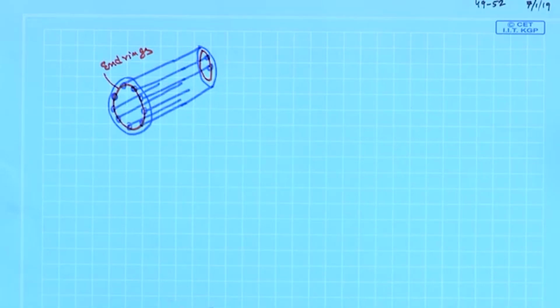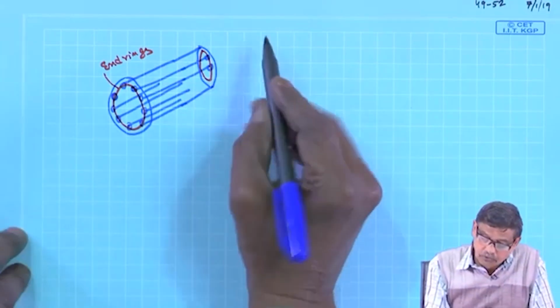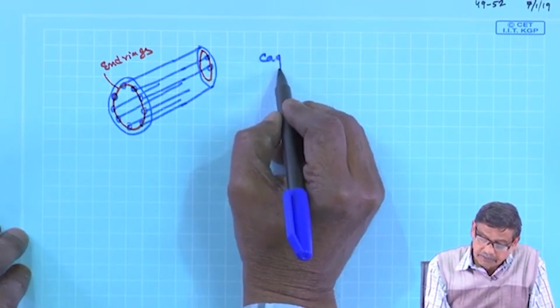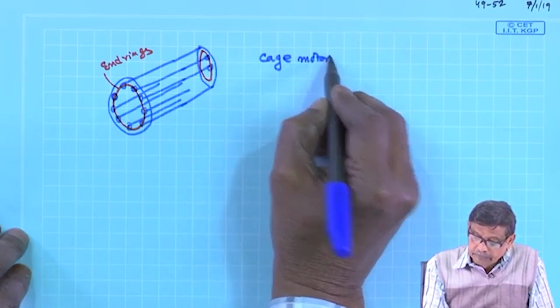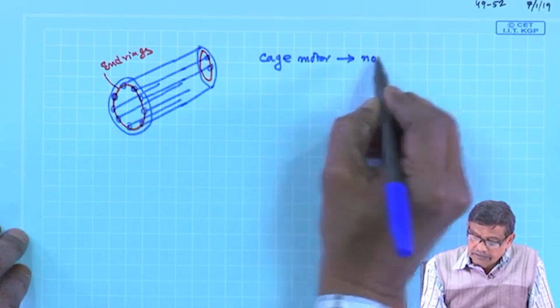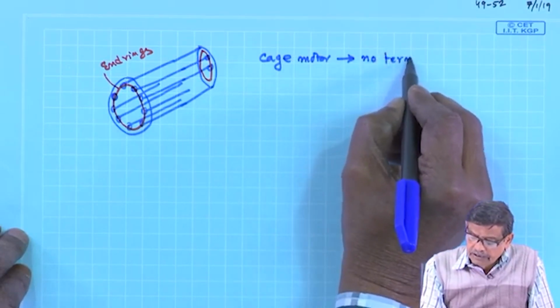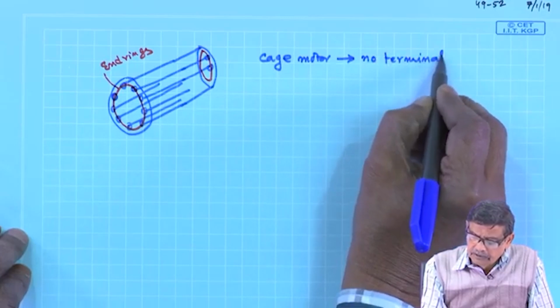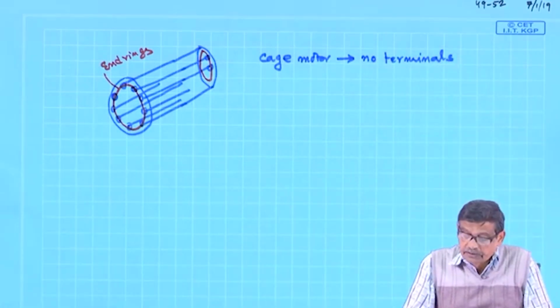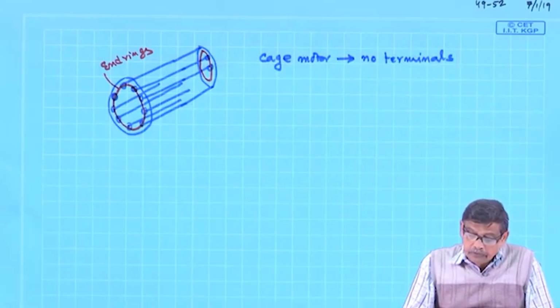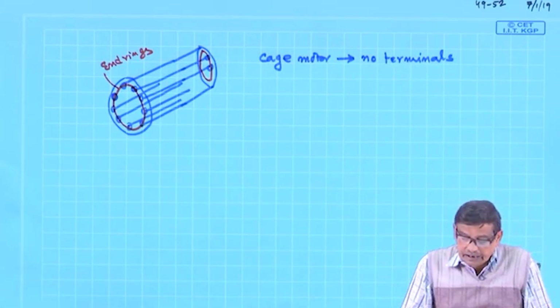Therefore, in the cage type induction motor, no rotor terminals are available. Cage motors have no rotor terminals, so you will not be able to connect any external resistance to improve starting torque, etc. No slip ring, no brushes like that.